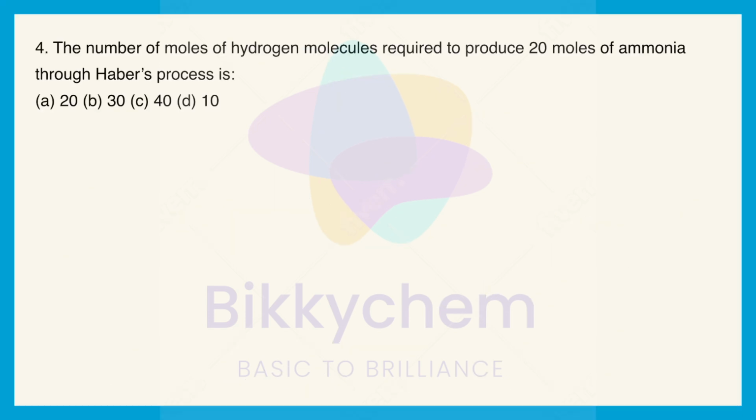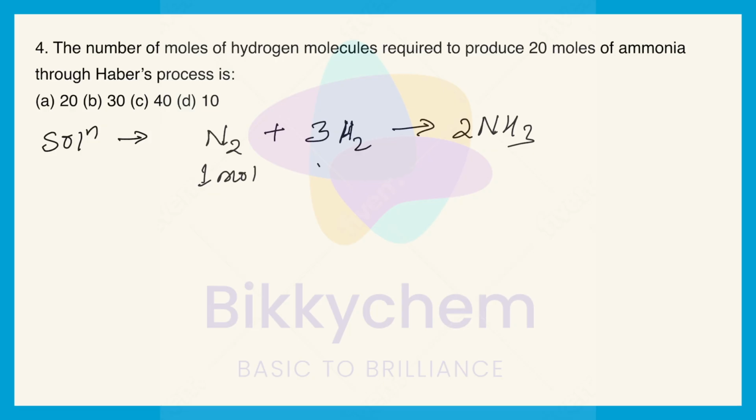Okay, let us see another question where we have to find the number of moles of hydrogen molecules needed to produce 20 mole of ammonia in the Haber process. We know that in the Haber process, 1 mole of nitrogen reacts with 3 moles of hydrogen to give 2 moles of ammonia. So 2 mole of ammonia requires 3 mole of hydrogen.